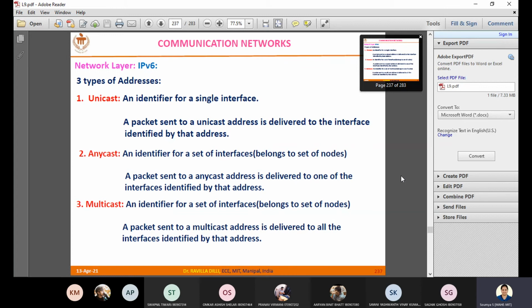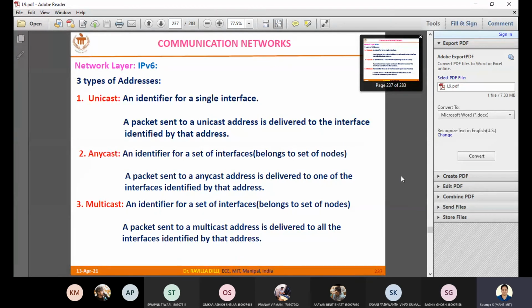There are three addresses in IPv6: unicast, anycast, and multicast. Unicast is 1-to-1. So an identifier for a single interface. A packet sent to a unicast address is delivered to the interface identified by that particular address alone. So it is just 1-to-1. Anycast is an identifier for a set of interfaces.